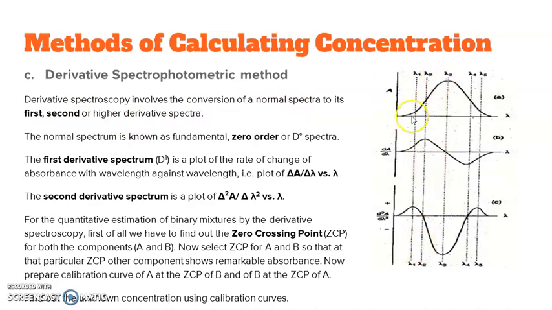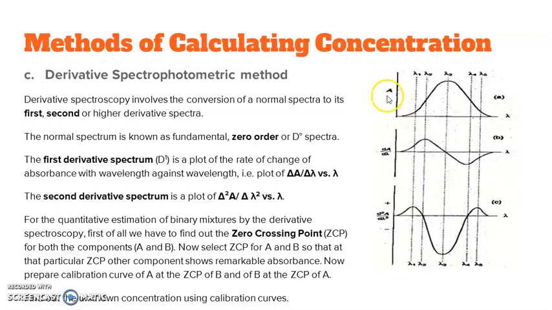I would like to show this image here, where the first spectrum, image A, is the normal spectrum, whereas the second one is the first derivative and the third one is the second derivative spectrum. The first normal spectrum I can also call the zero order spectrum, the second one the first derivative spectrum, and the third one the second derivative spectrum. So what is the difference between the zero, first and second order?